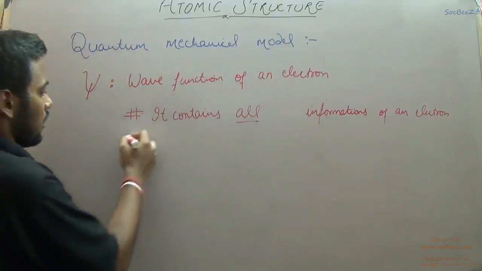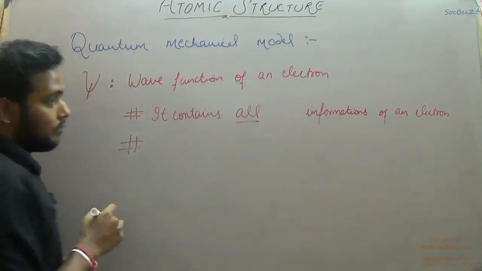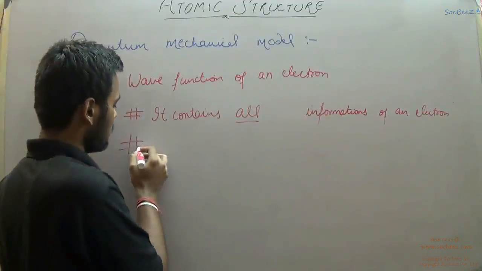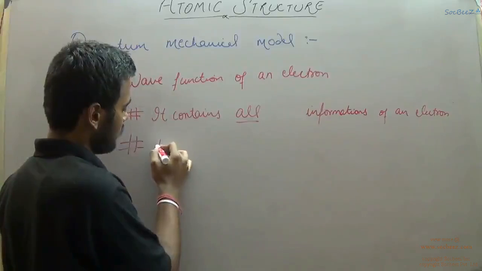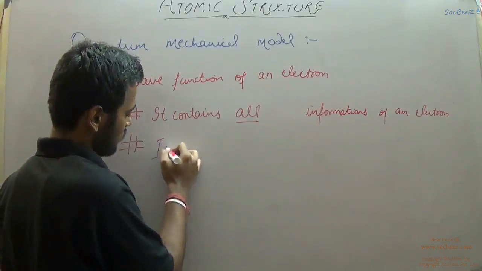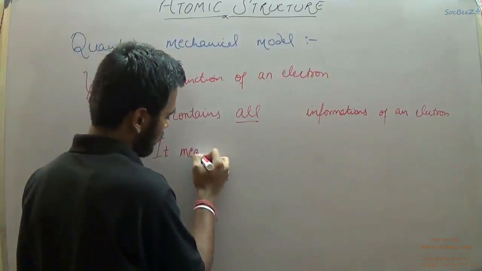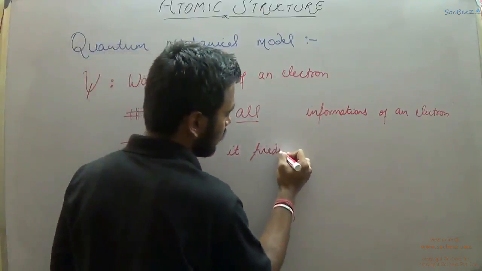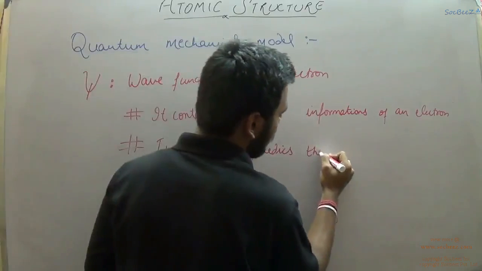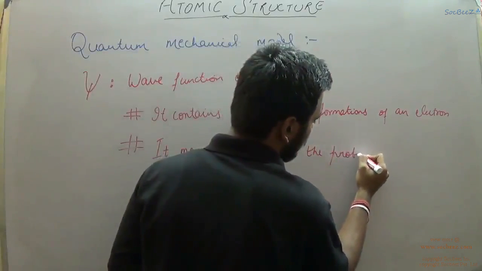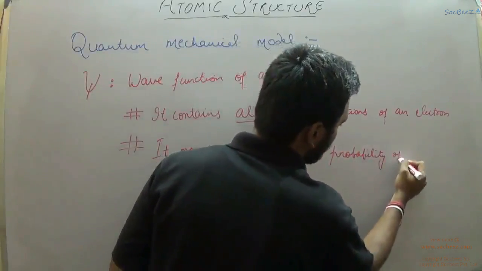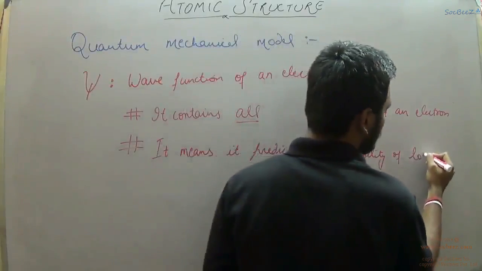Okay? By all information, we mean that it contains the probability. It means it predicts the probability of location of an electron.